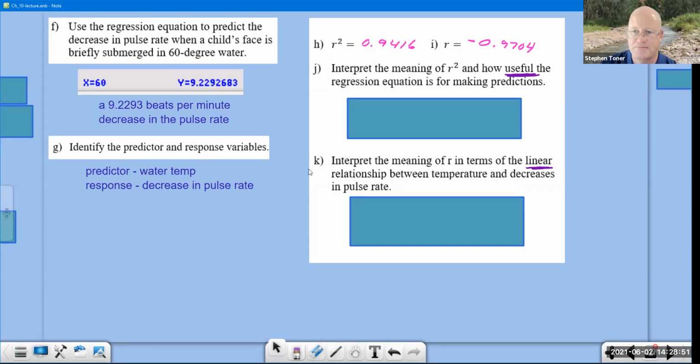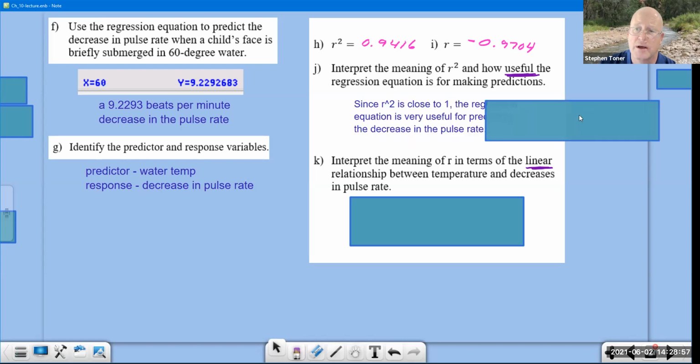Now, the interpretation itself, our R squared value is close to 1. So I'm going to say, since R squared is close to 1, the regression equation is very useful for predicting the decrease in the pulse rate. And then R happens to be negative here.